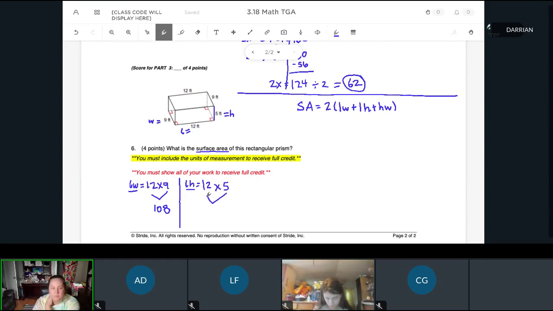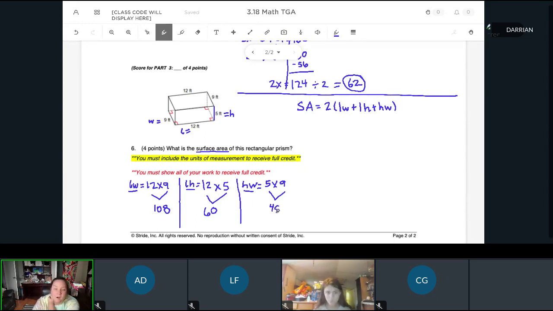What is 12 times 5? Good, 60. I'm going to draw another line and do my last one. Height times width. My height is 5. My width is 9. So 5 times 9, that equals what? Yes, 45.